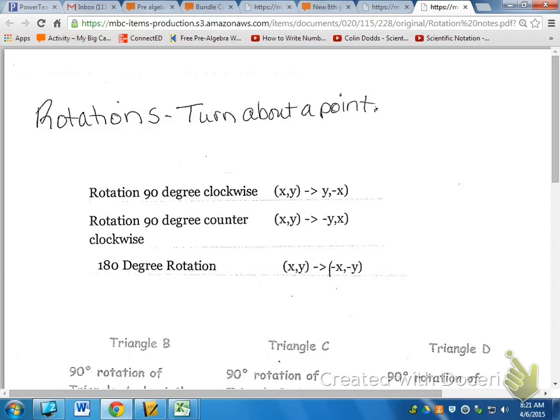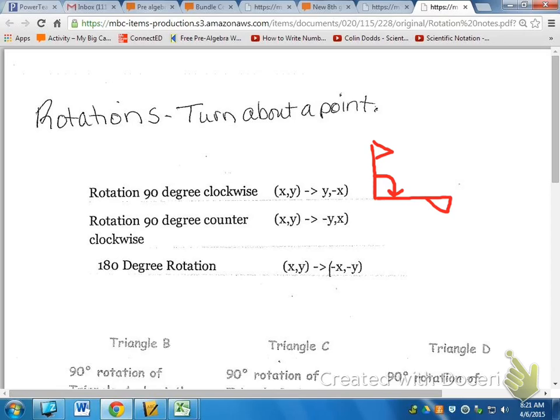So this is what I'm going to call your cheat sheet that talks about the rotation. For a rotation, it means that you're going to have a shape, let's say like this. And if you rotate it 90 degrees clockwise, that means it goes around like a clock. So 90 degrees means you would move it down like this, and the shape would be like that. Okay?